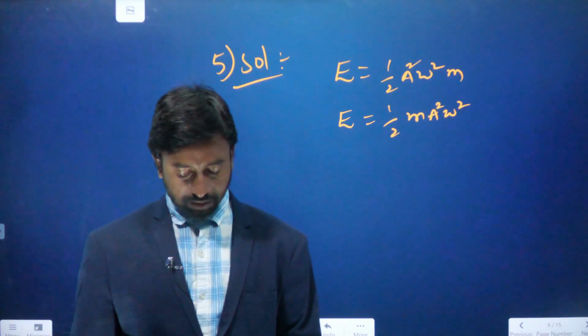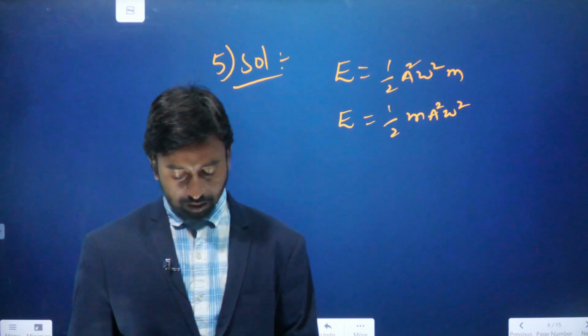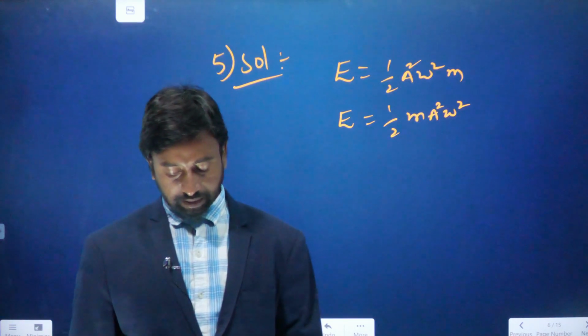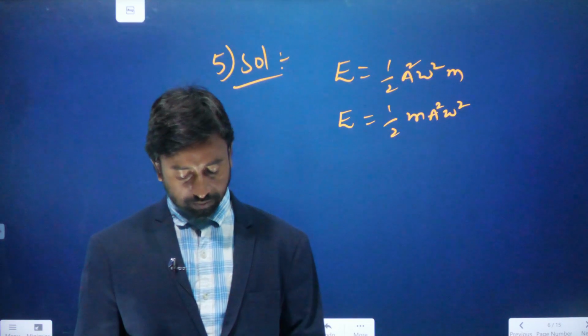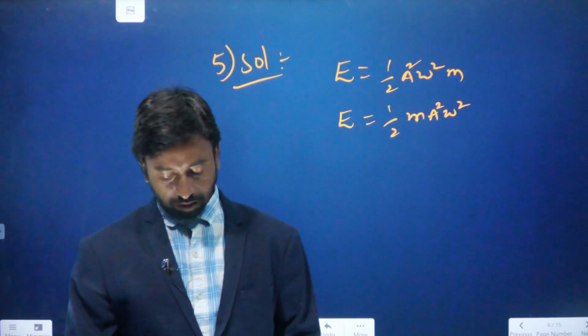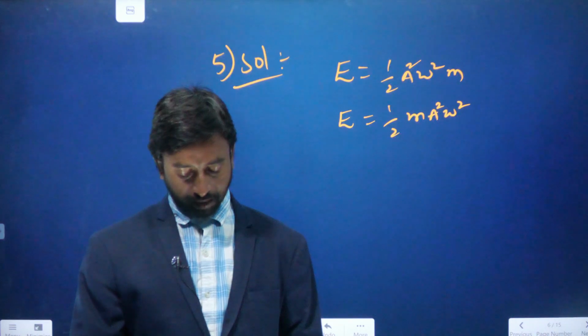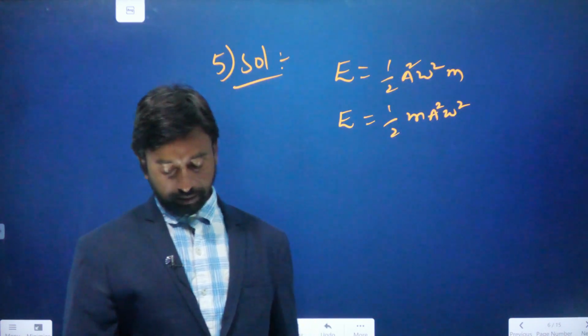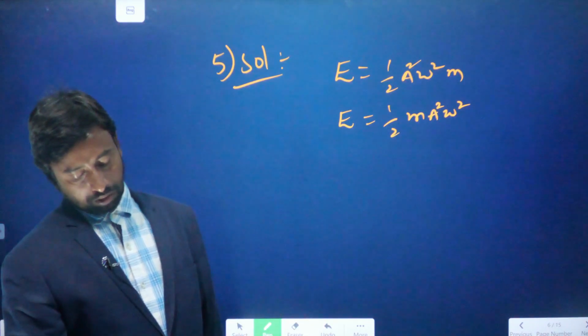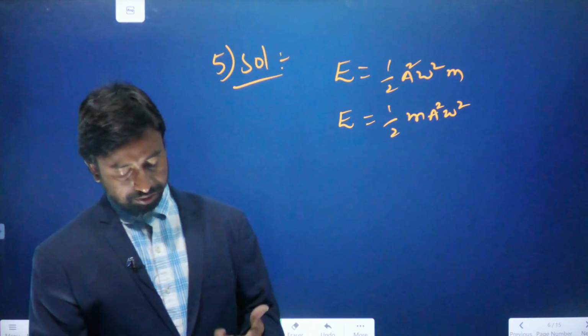A particle performs SHM on a straight line with time period capital T and amplitude A. What is the average speed of the particle between two successive instants when the potential energy and kinetic energy become the same? They are asking here between two positions.